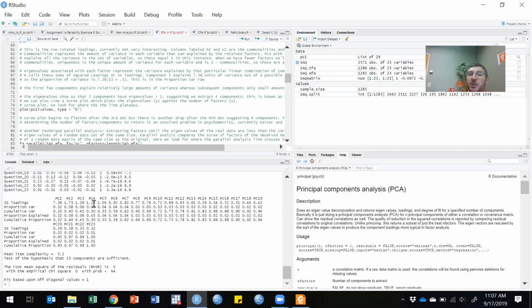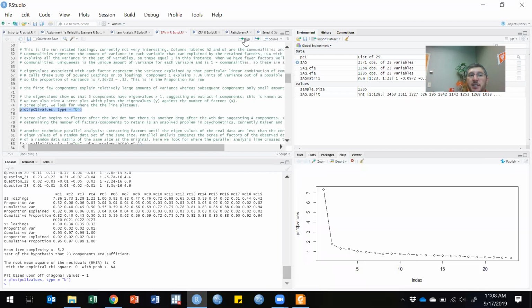We can also view what's called a scree plot, where we plot the eigenvalues on the y-axis against the number of factors on the x-axis. And then on the scree plot, we look for where the line plateaus or starts to flatten off. Here's some syntax in R that will run a scree plot.